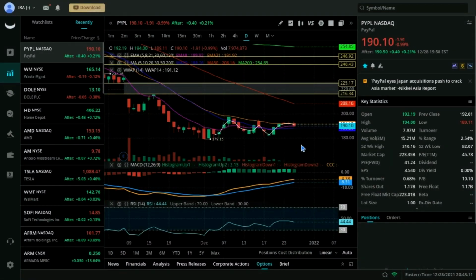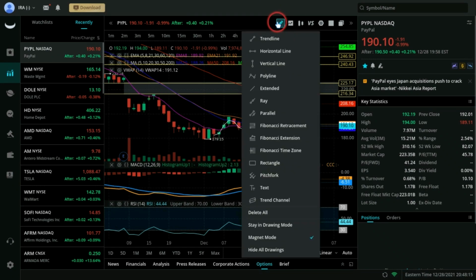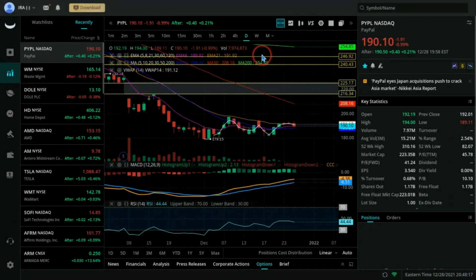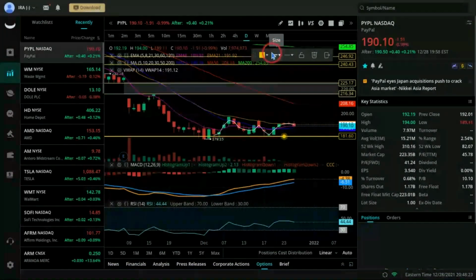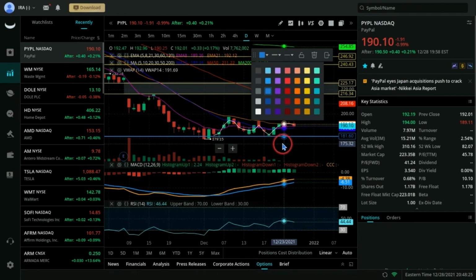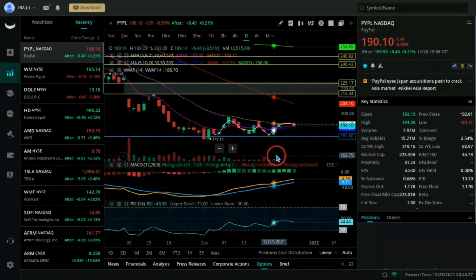Okay, in this last example, we're going to work with PayPal. So as before, we're going to get our support line, bottom of this pivot. Support is blue. So we got good support in that area.